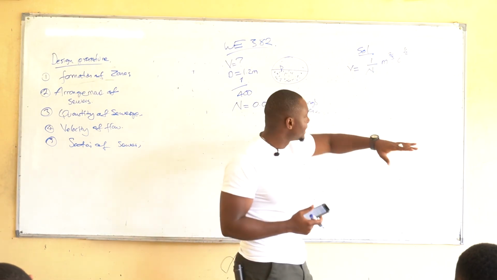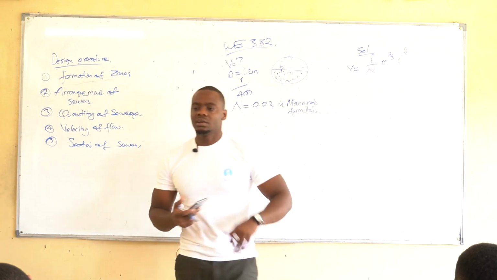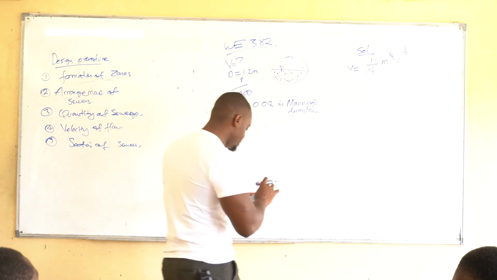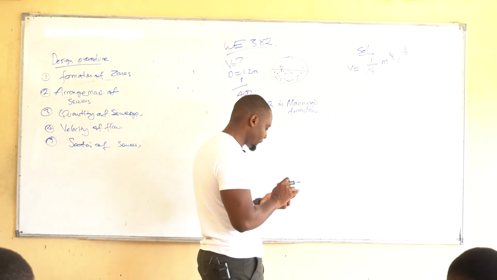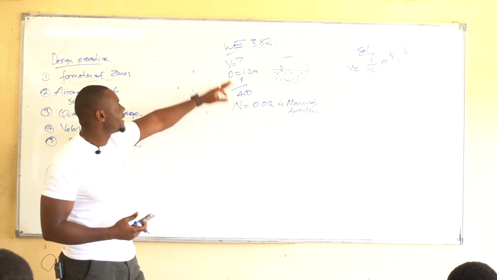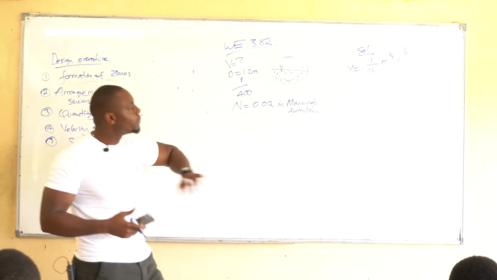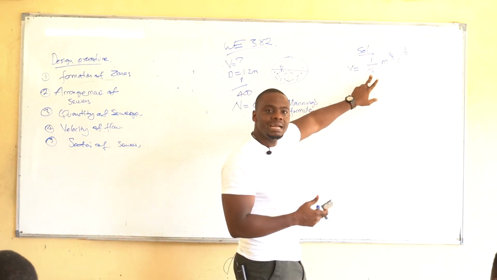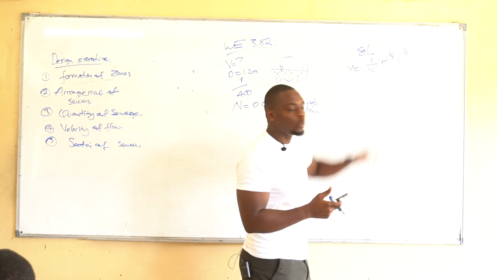The M will also stand out, and then the I will also stand out. So you need to identify which one means what. The question said find the velocity, so according to Manning's formula, this is your velocity. This is Manning's coefficient. What is M?